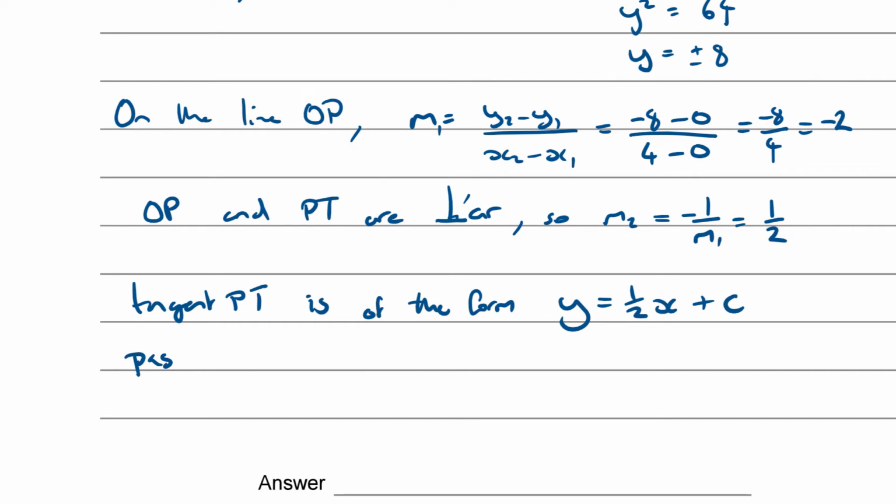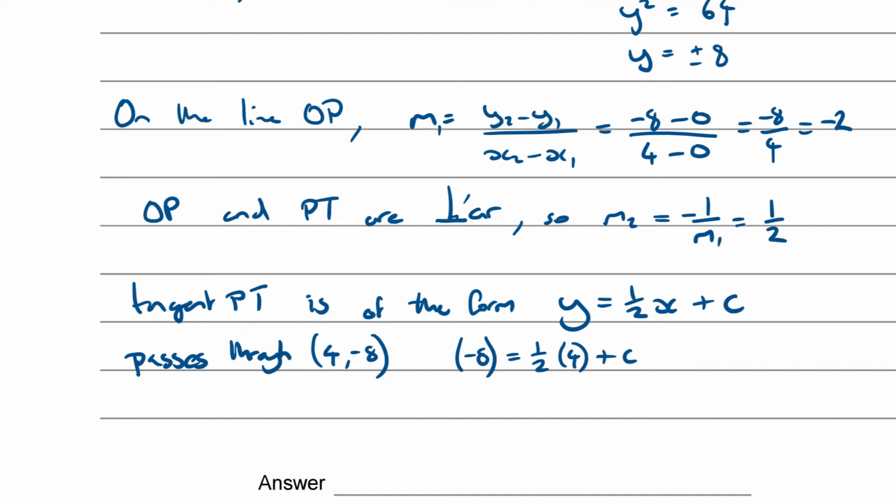I know that it passes through the point 4, minus 8, so subbing that into the equation, minus 8 is going to be equal to a half of 4 plus c.